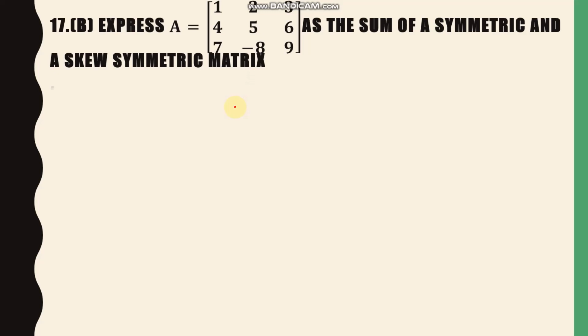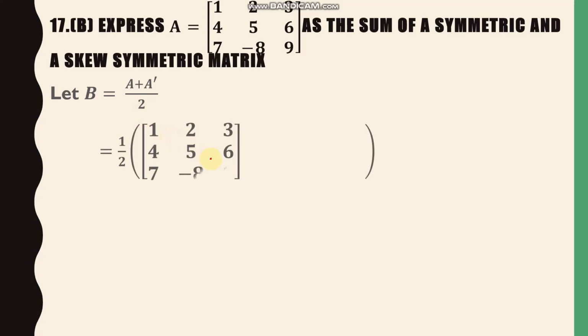First step is to find out a matrix B, which is A plus A transpose divided by 2. So write down A, write down its transpose, add them and divide by 2. Do the element-wise addition and then divide by 2.